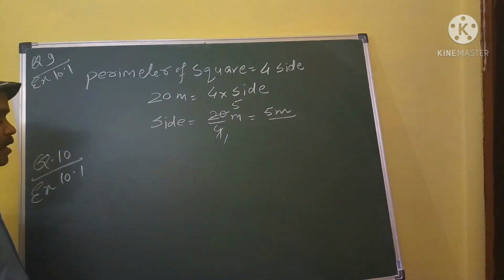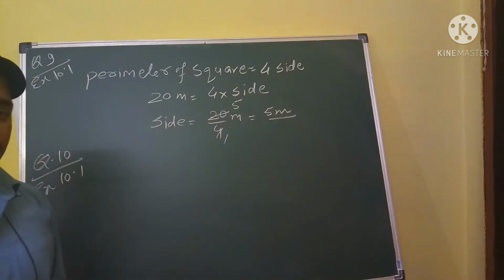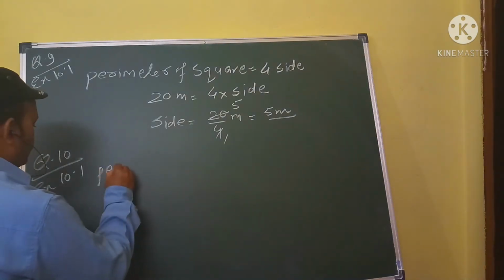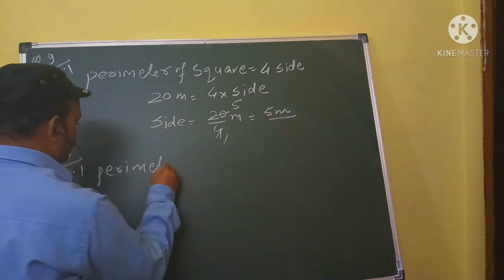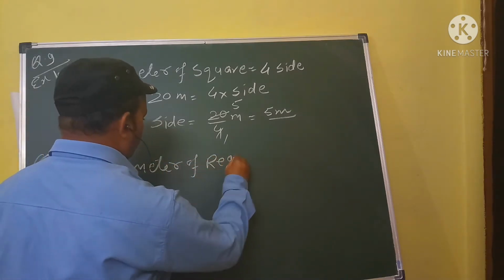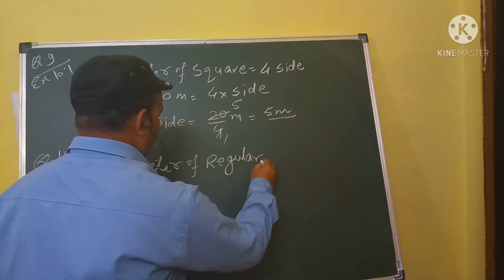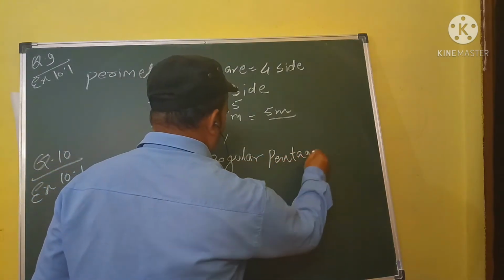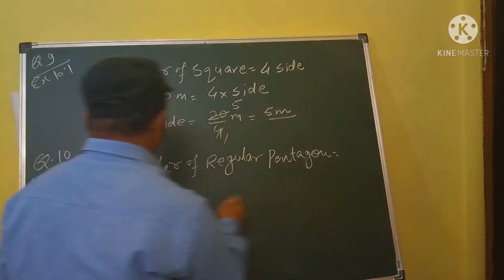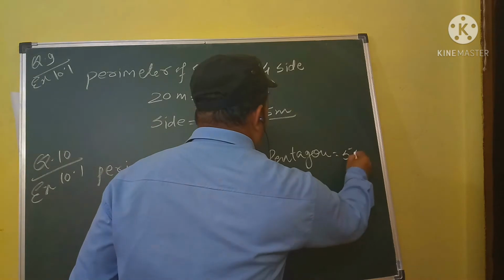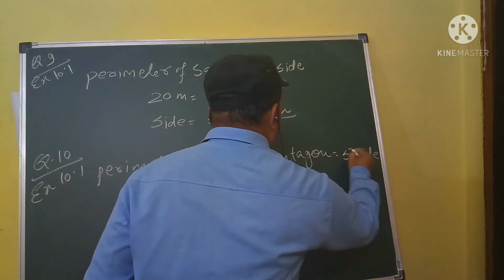In this question we will apply the perimeter of a regular pentagon, which is 5 into side.